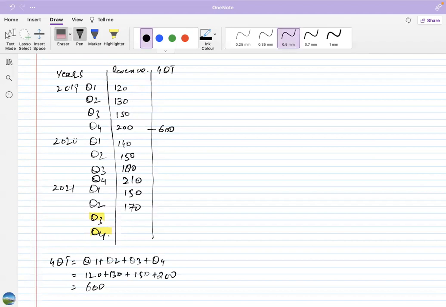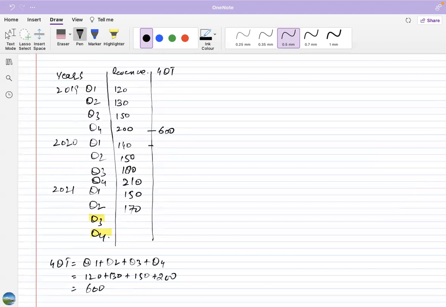Now, in the paper, if a term A is written and we are asked to calculate the term A, it means he's asking to calculate the 4-quarter total. The 4 values that will be included in the 4-quarter total will be 4, 3, 2, 1. I mean 130 plus 150 plus 200 plus 140.